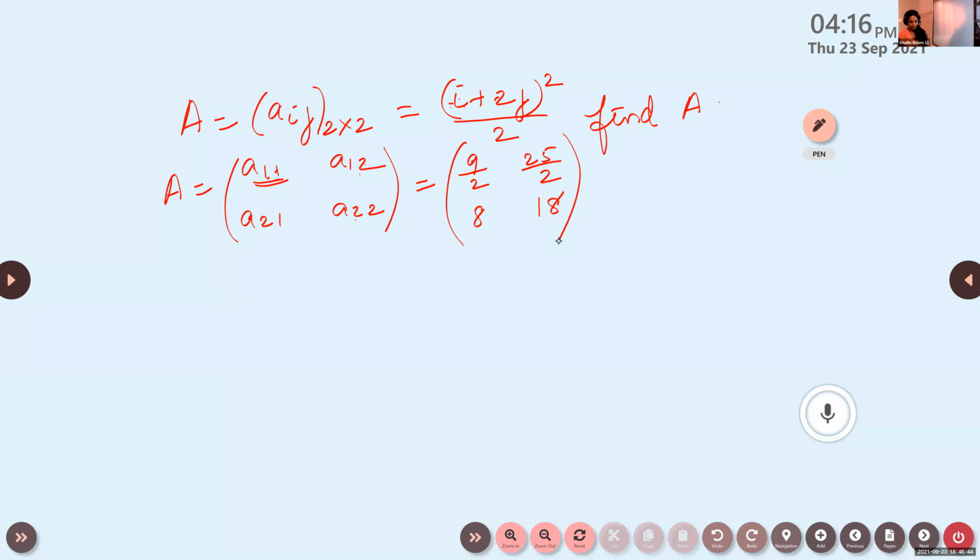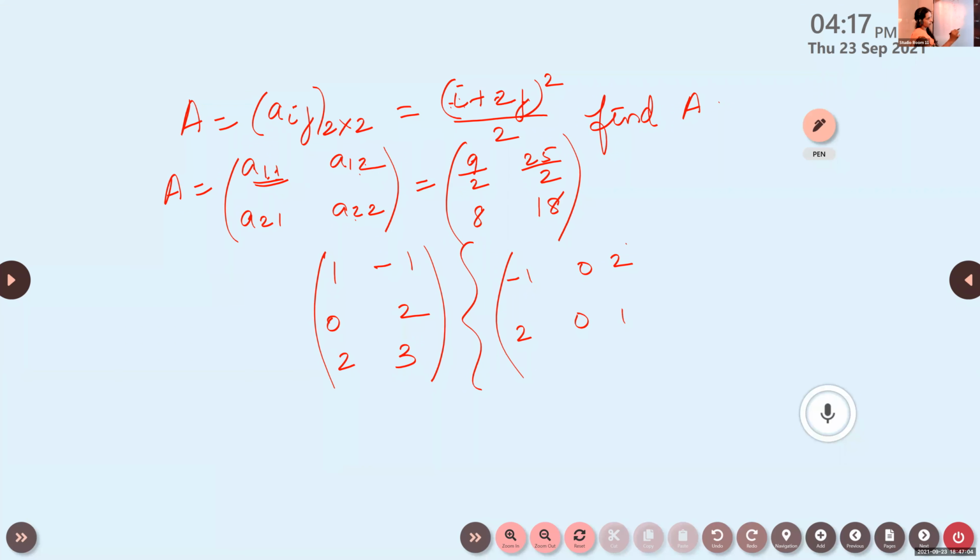Find the order of the matrix obtained from 1 minus 1, 0, 2, 2, 3 into minus 1, 0, 2, 2, 0, 1 minus 0, 1, 2, 3.